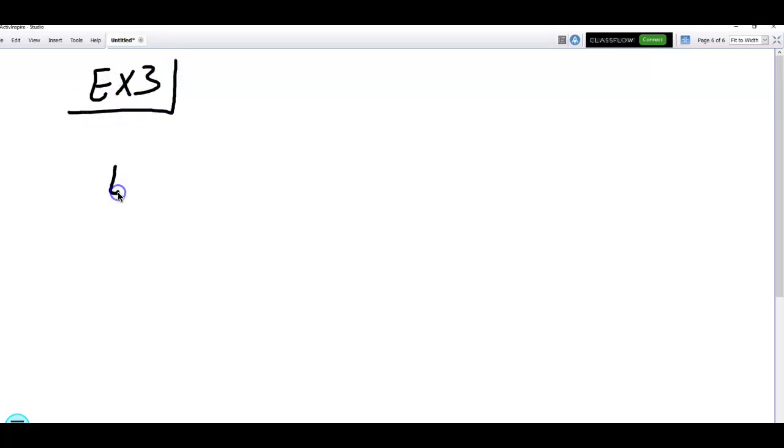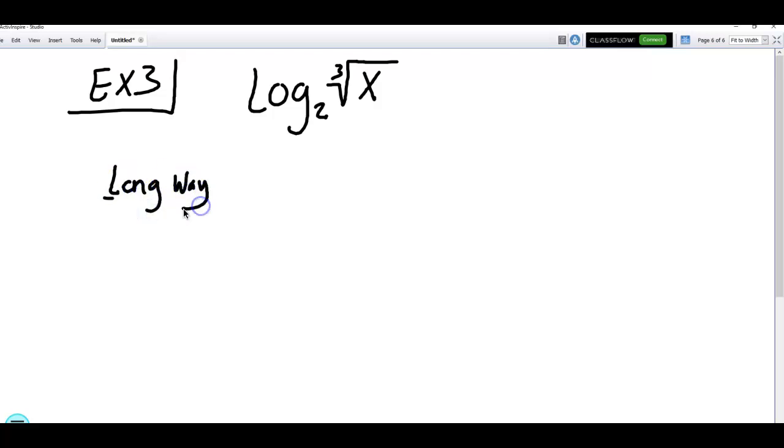I'm going to show you 2 ways to do this problem here. Log base 2, we'll say cube root of x. I'm going to show you a long way. And you're like, okay, so that means obviously a short way is coming, right?